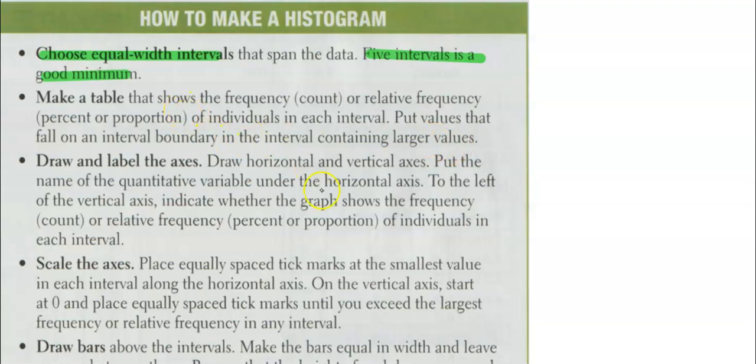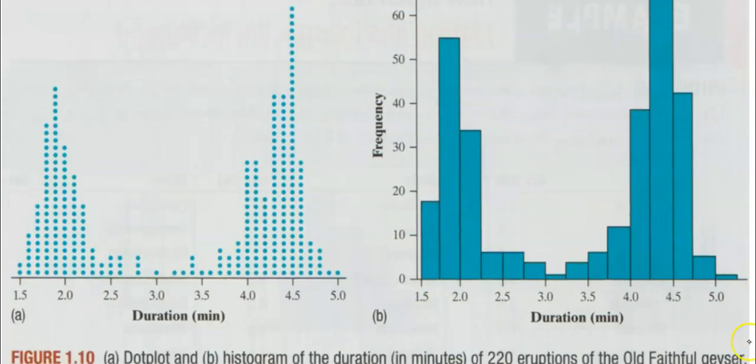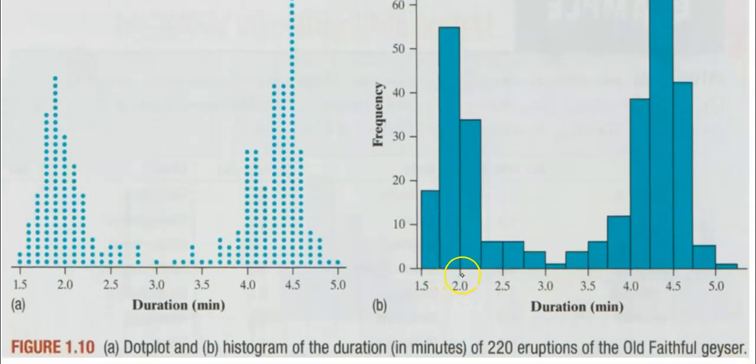What we're trying to say is my histogram includes the data on the left. So 2.0 is in this bar right here. 2.0 is in this interval, not this interval.